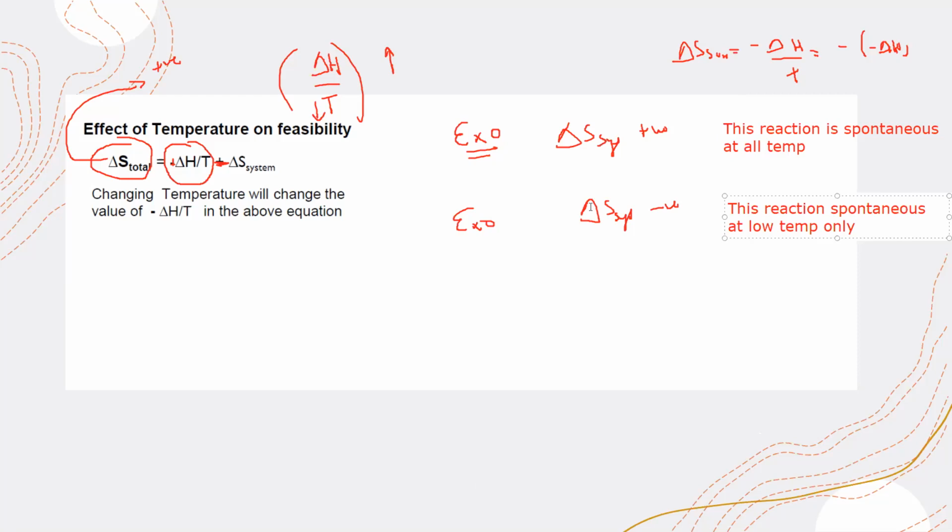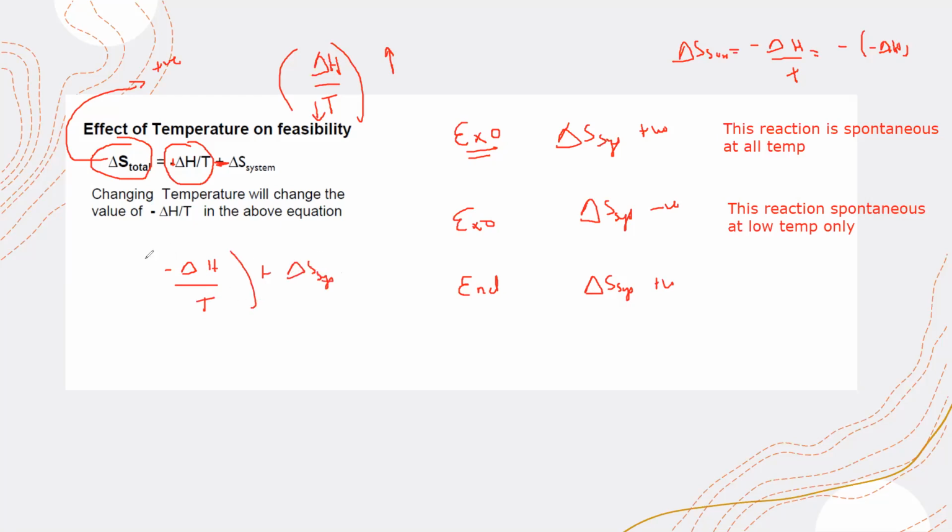But what will happen if the reaction is endothermic and the entropy of the system is positive? So if a reaction is endothermic, this is minus delta H by T, the entropy of the surrounding, and the entropy of a system is positive.